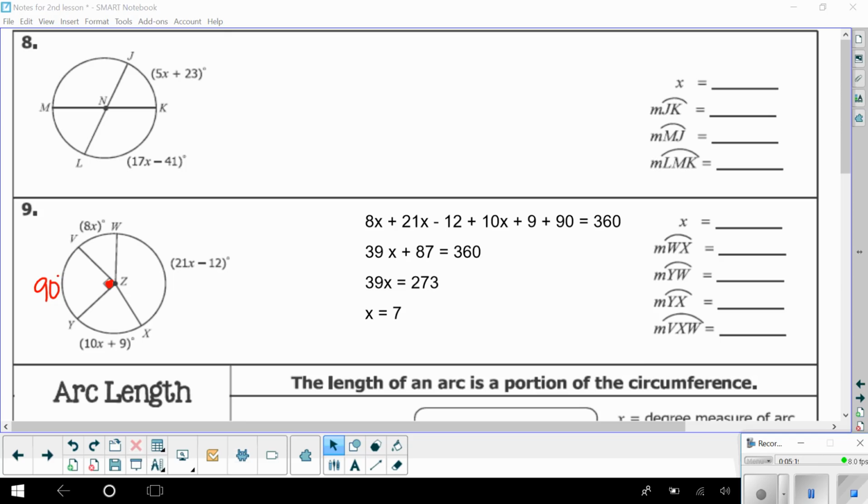Hopefully you solved for x and got that. By doing that, you can put the 7 there. And then to find all the other arcs, we can just do this.